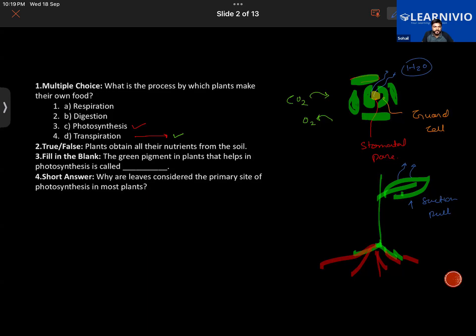Like sunlight, oxygen. Sunlight itself is not a type of nutrient, but it's a source of energy. The chlorophyll absorbs the sun's energy to help carry out the process of photosynthesis. Plants get nutrients from the air also. What do I mean to say?